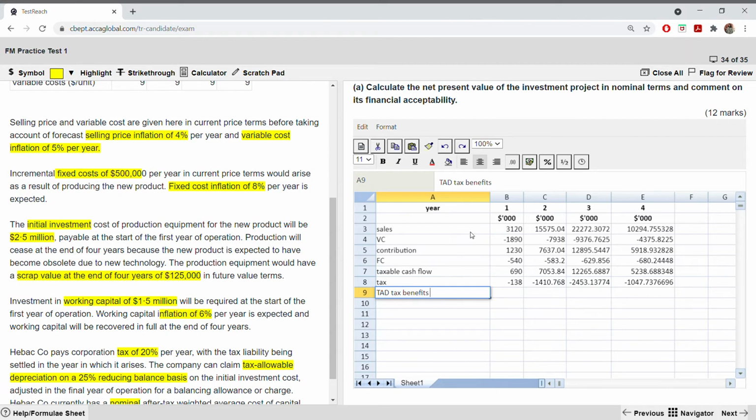For the tax allowable depreciation, you need a working. In fact, for all of this, whether it's sales or variable cost, we required working. When you see your marking scheme, you will see for the working how they got the sales revenue and how they got the variable cost.